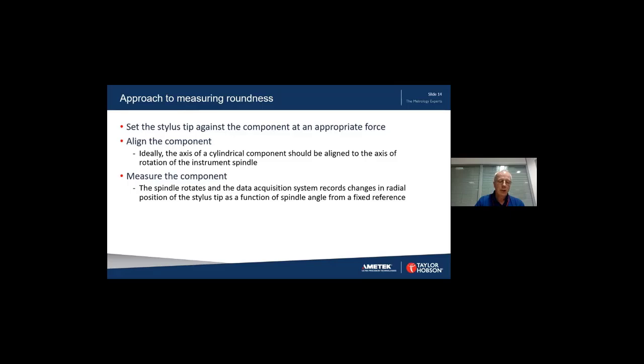Stylus tip deviations are recorded as a function of spindle position, and the resulting dataset is then analysed to produce the result. With an automated instrument, the entire sequence could potentially be initiated by a single touch of a button. For a manual system, a skilled operator is required to perform the alignment and then initiate the measurement sequence.